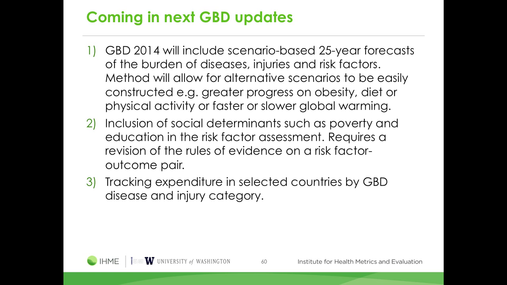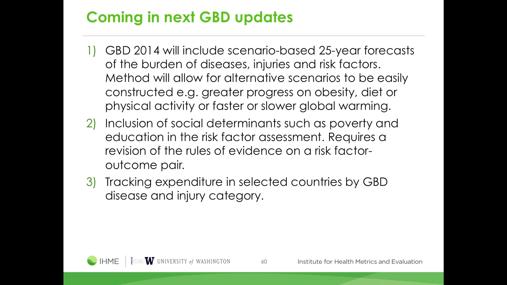The other issue is the critique of the risk factor analysis, that we have not included social determinants in the risk factors, and that relates to our rules of evidence. There's an active discussion about perhaps having a different set of rules of evidence for looking at these distal social factors and keeping that analysis separate from the behavioral, metabolic, and environmental risk factors.